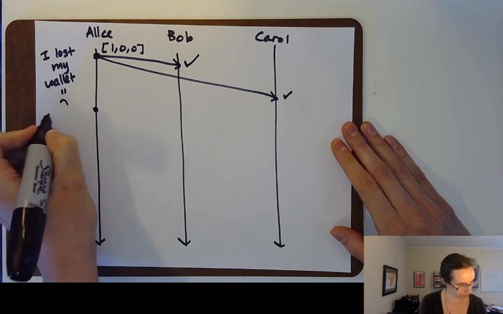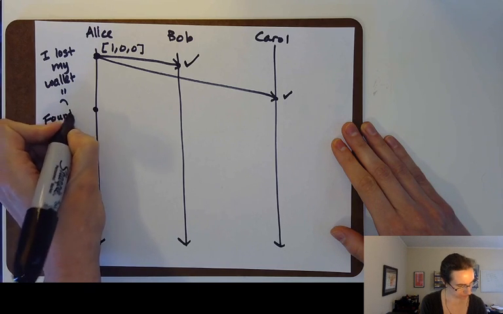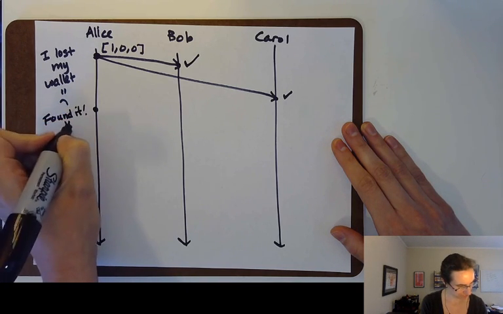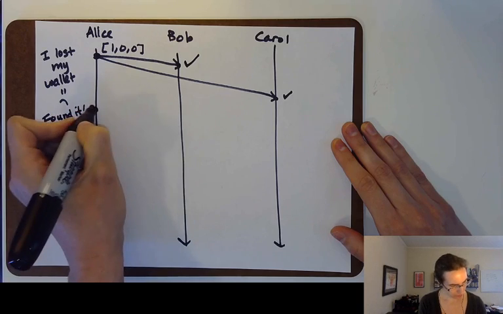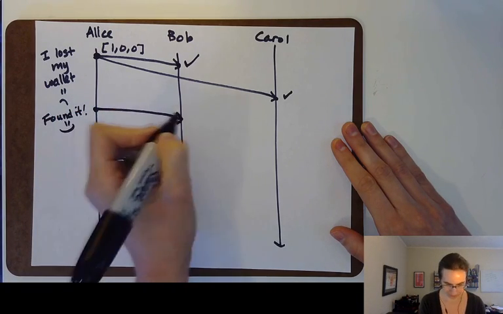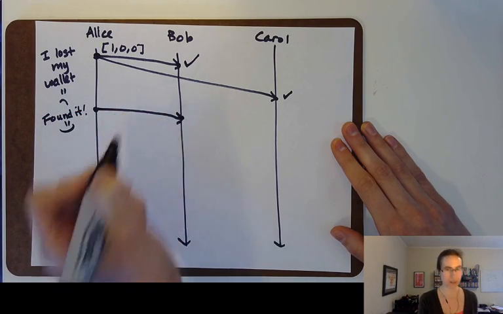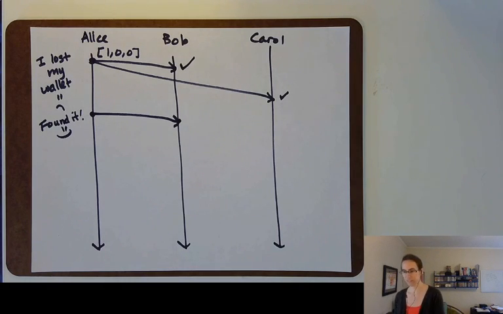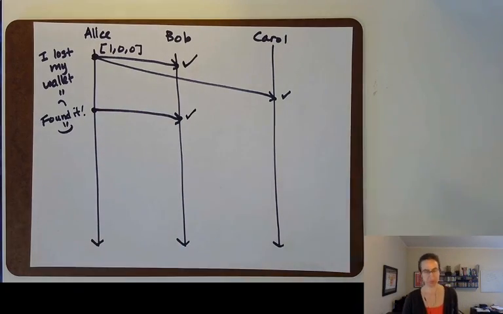Say she finds her wallet. To Bob. Is this one okay to deliver? Yeah, you bet. So this one gets delivered too.